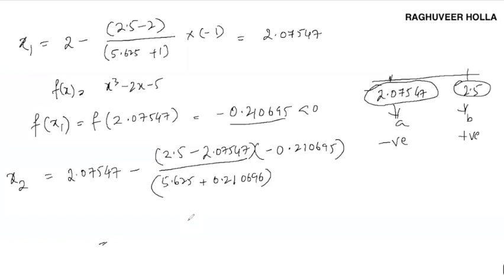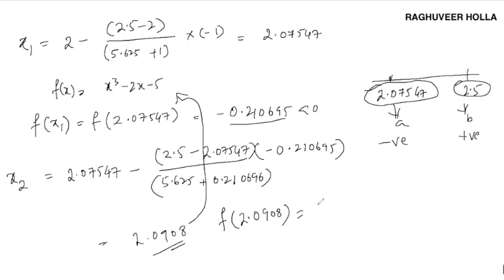We're getting the roots closer and closer. So we got that as plus 2.0908. So this is your x2. What you're supposed to do is substitute this here and get f of 2.0908. Please calculate this quickly.